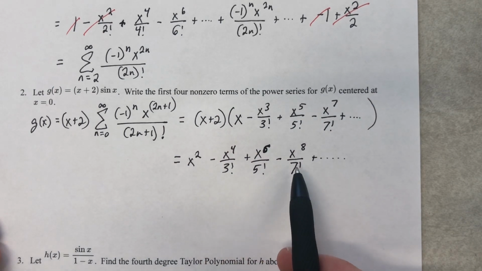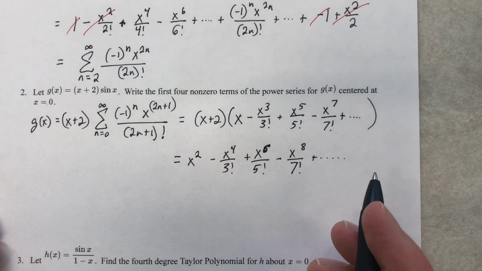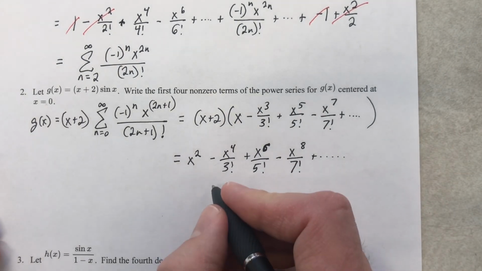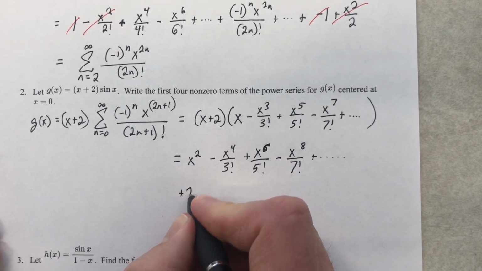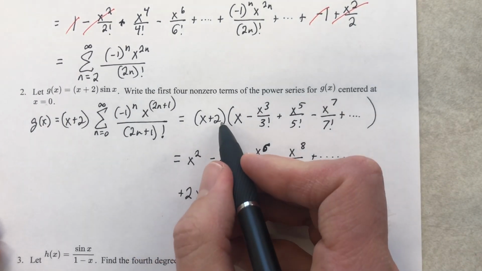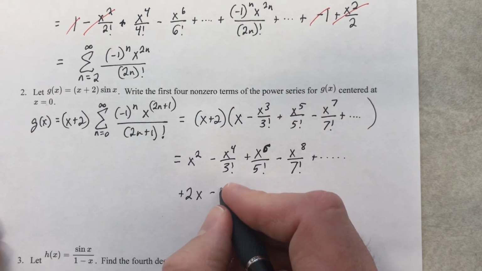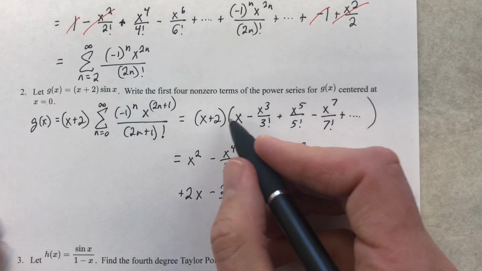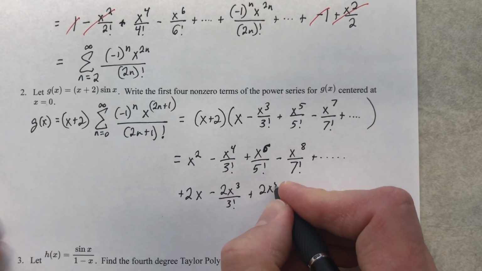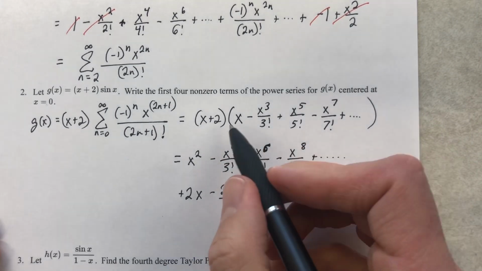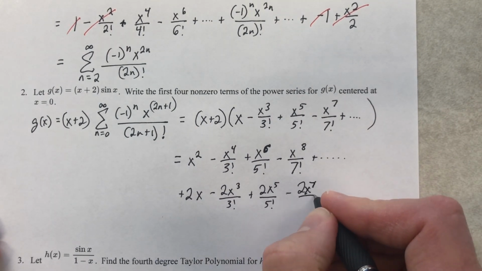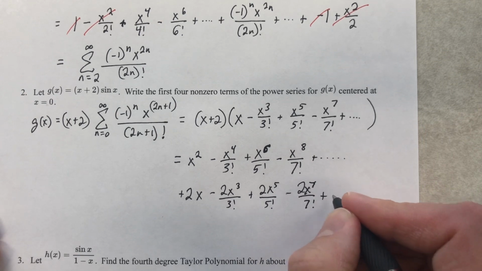Are these the first 4 non-zero terms? Actually, they're not, because here's what's about to happen. We also have to distribute the 2, right? So plus 2x, and then minus 2x cubed over 3 factorial, plus 2x to the 5th over 5 factorial, and then minus 2x to the 7th over 7 factorial, and it keeps going.